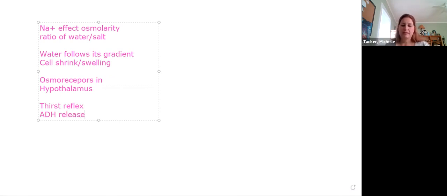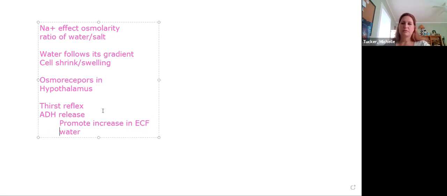Thirst reflex and ADH release, both of these, if you were to promote the thirst reflex and increase ADH, would promote an increase in, we'll call it extracellular fluid water.